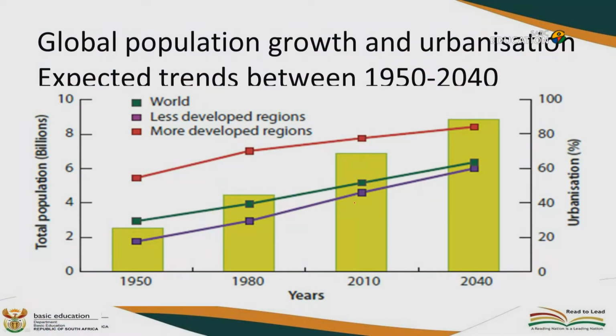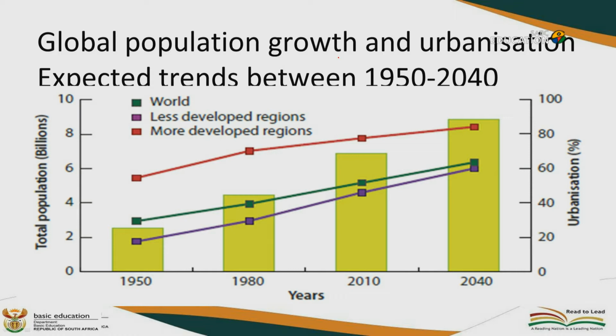The most important thing when you are interpreting a graph is to take note of the heading of the graph, because it tells you what is happening in this graph. When we read the graph, it's saying that it's global population growth, and it's showing us urbanization, the expected trend between 1950 and 2040.